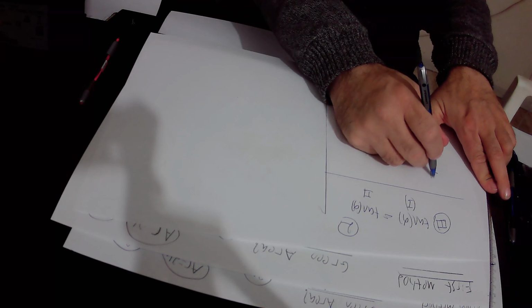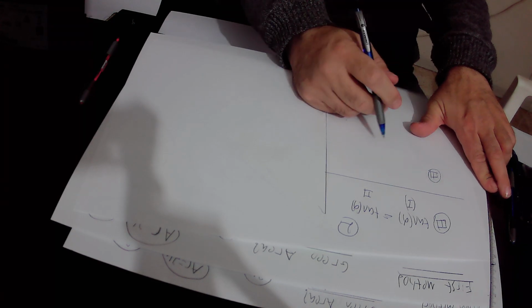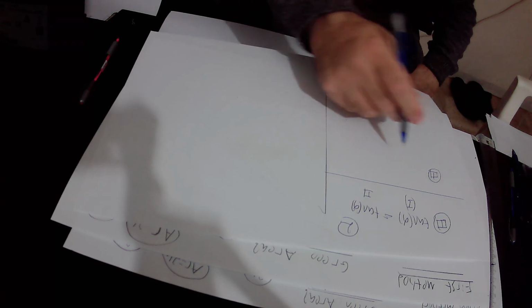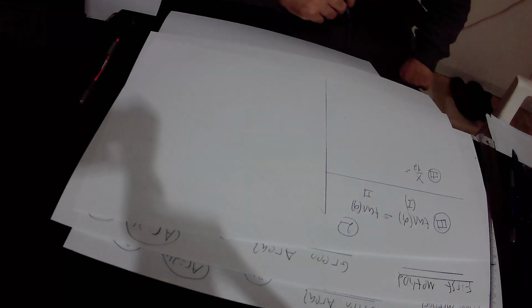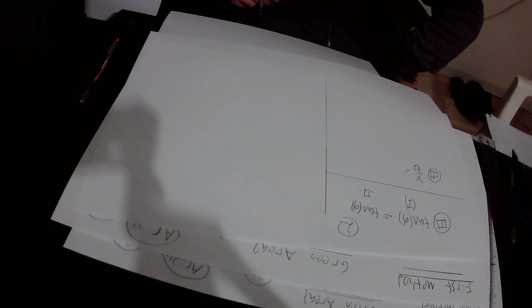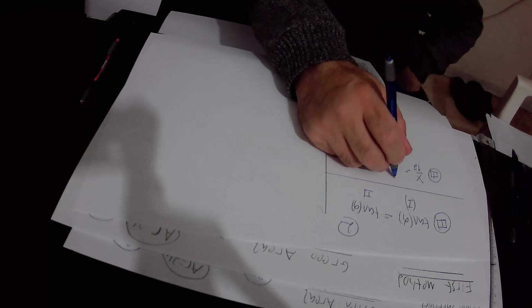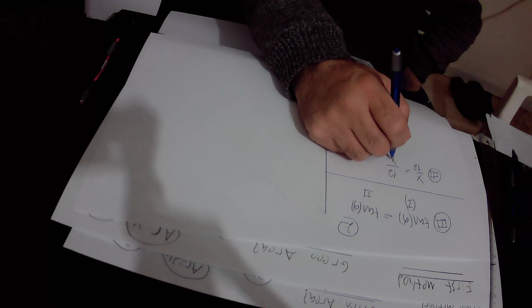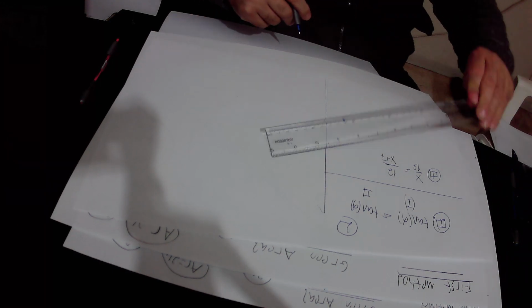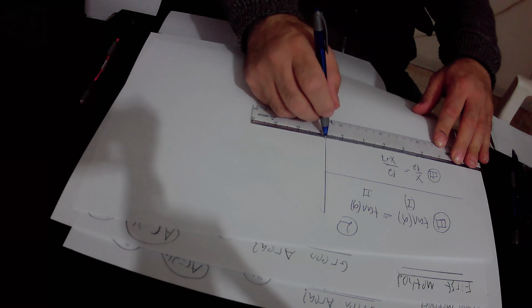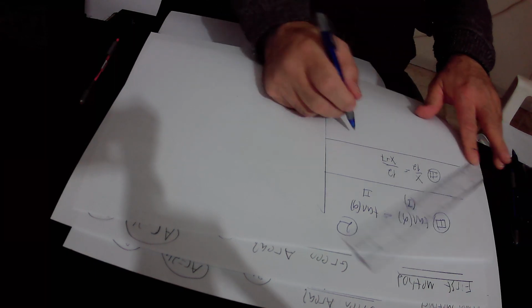Tangent alpha according to equation number 1 equals x over 12, and it must be equal to 12 over x plus 7, which is tangent alpha according to equation number 2. In conclusion, we found that x over 12 equals 12 over x plus 7.